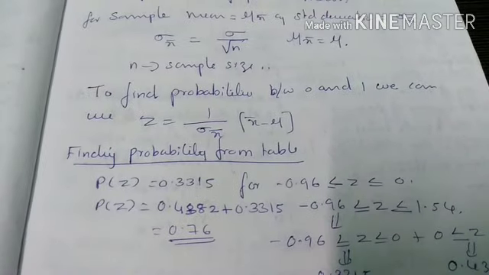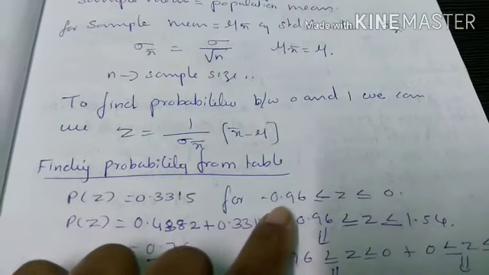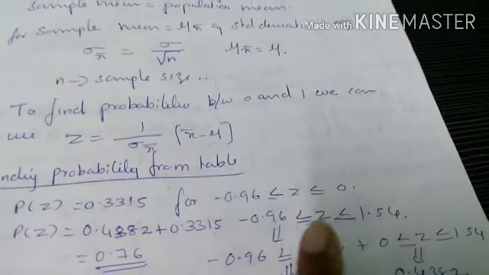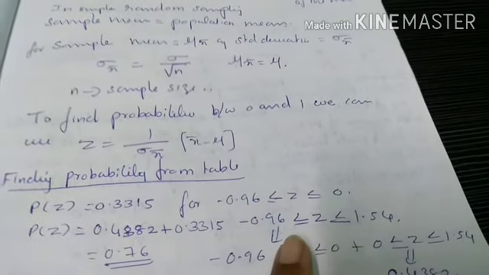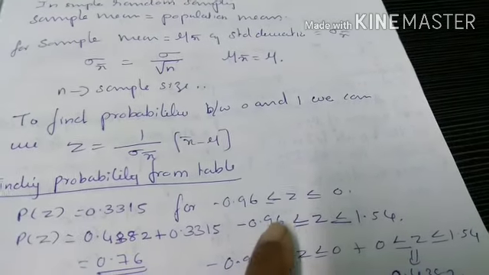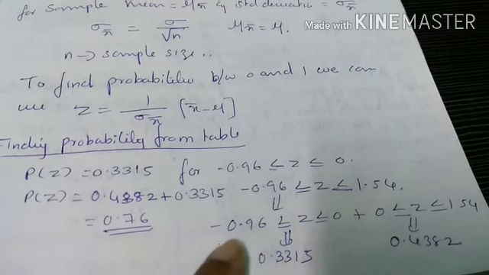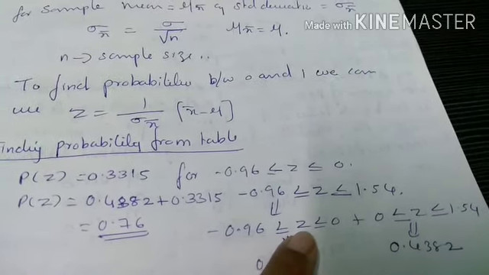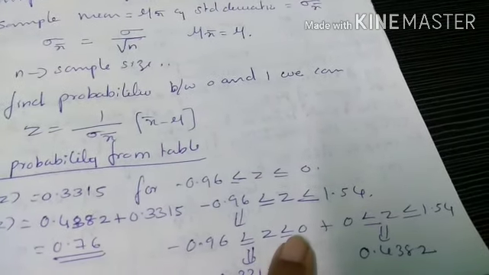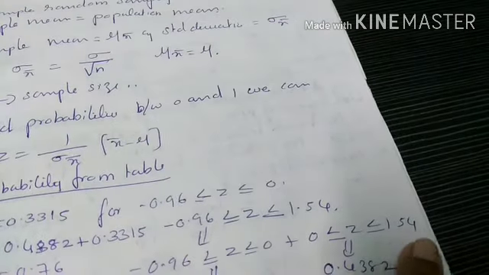Finding probability from the table, for example, P of minus 0.96 less than or equal to Z less than or equal to 0 is 0.3315. The next one is minus 0.96 less than Z less than or equal to 1.54. This can be split as minus 0.96 less than or equal to Z less than or equal to 0, plus 0 to 1.54.